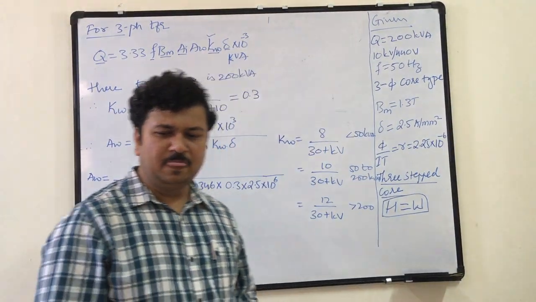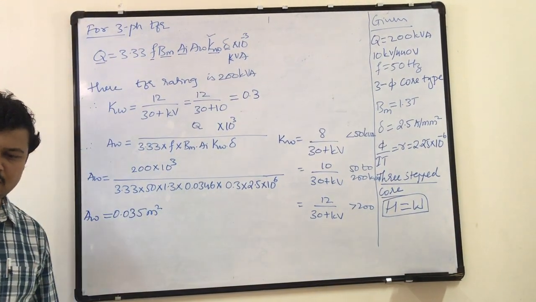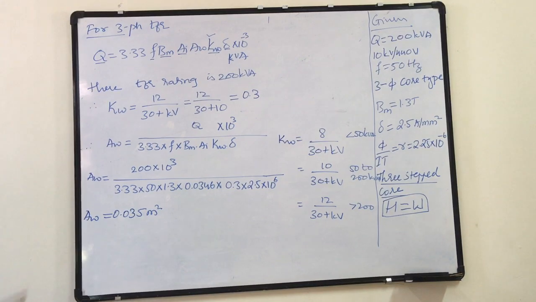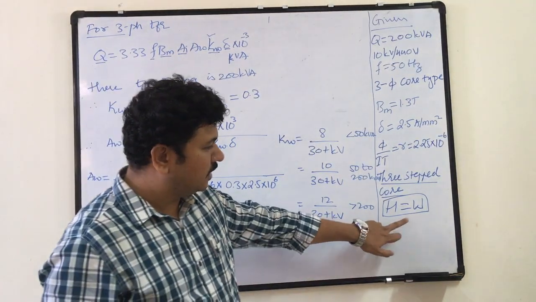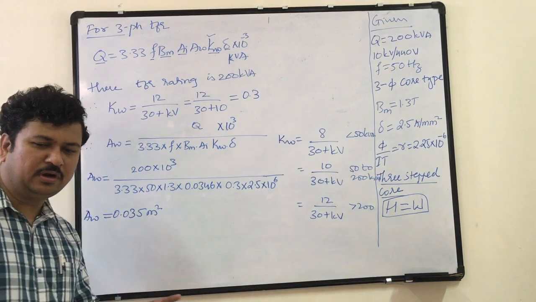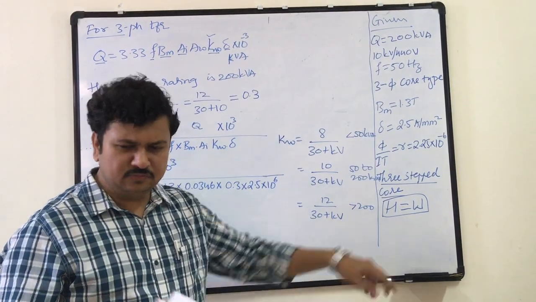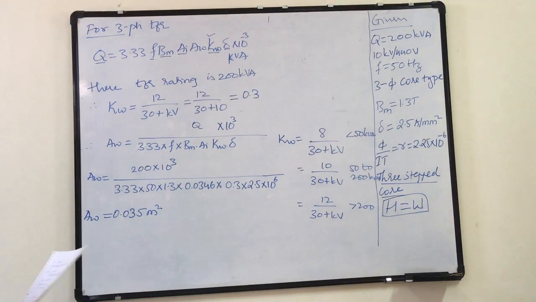So I will not be using the relation of window height to window width equal to 3. I will be using this relation and finding the window dimensions, height of window and width of window. Once I get those, I can get overall height and overall width, and they have to come out equal. We will see at the end that we get it equal.